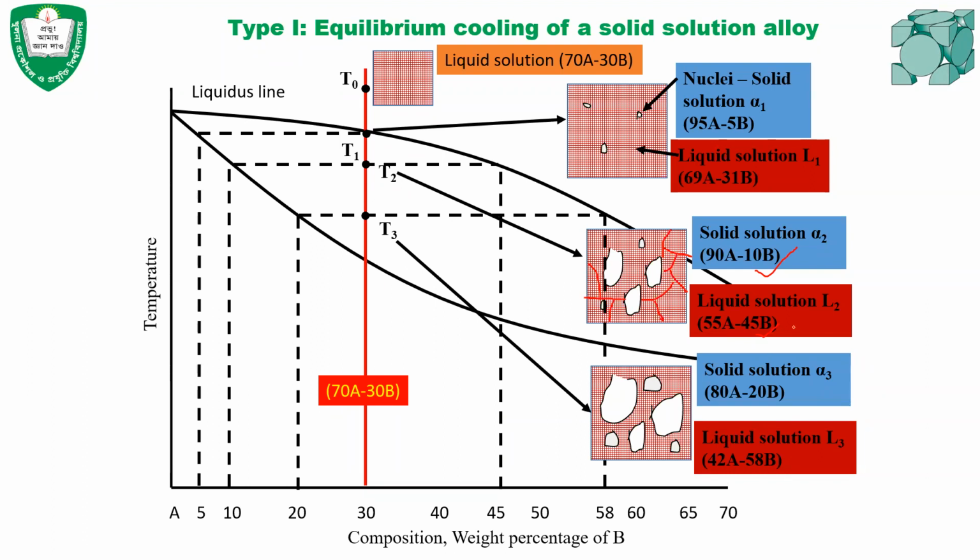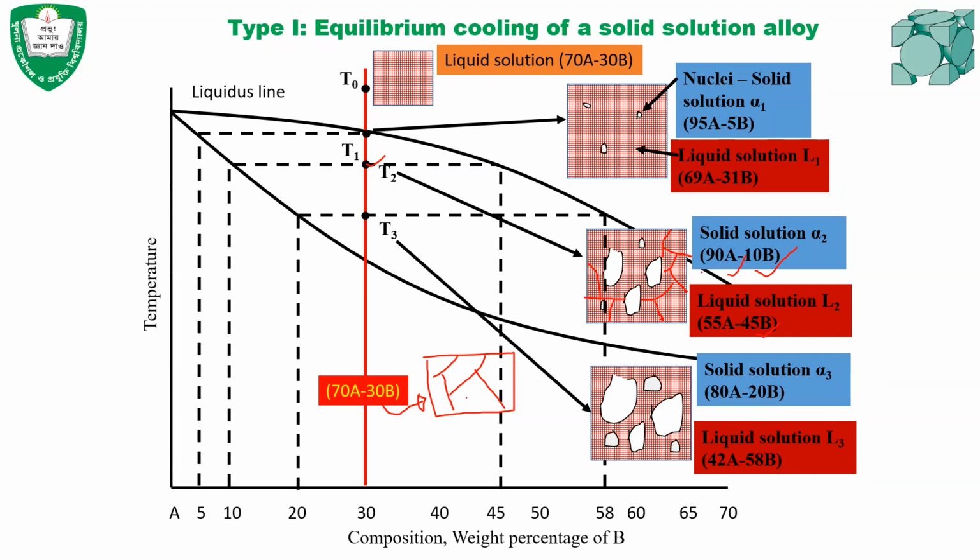If you cool it very slowly to room temperature, you will get uniform grains, all with 70A30B chemical composition. But if you cool it quickly from temperature T2, the chemical composition of the solid will be 90A10B. So this will give you a different mechanical, chemical, or electrical property compared with the regular 70A30B.